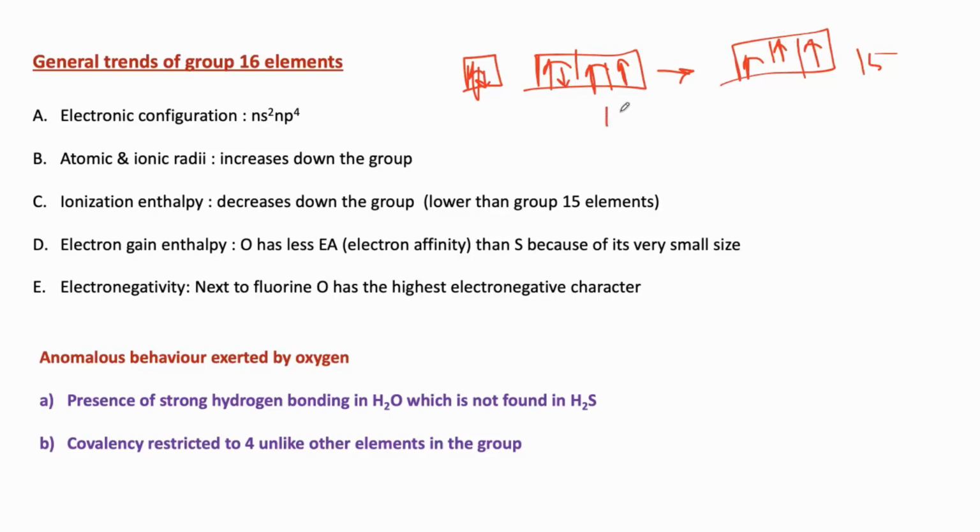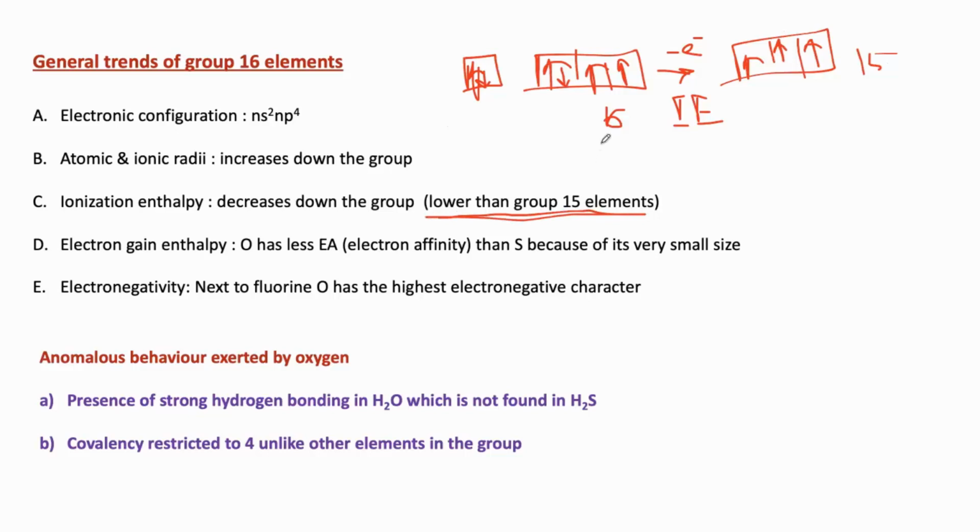So if we have to go from 16 to 15, we have to pull off the last electron, or we have to provide it with the ionization enthalpy. Now, since 15 is very, very stable, 16 will always try to go to 15. That's why the ionization enthalpy is lower than group 15 elements.